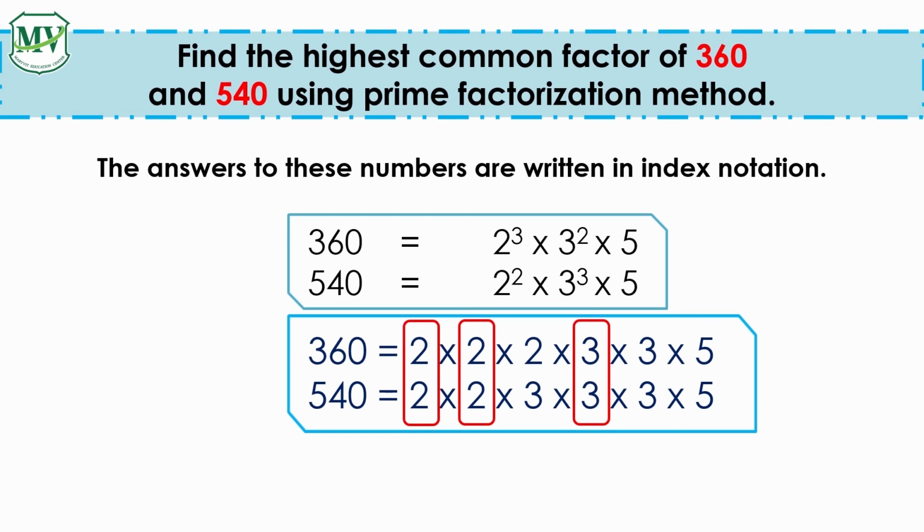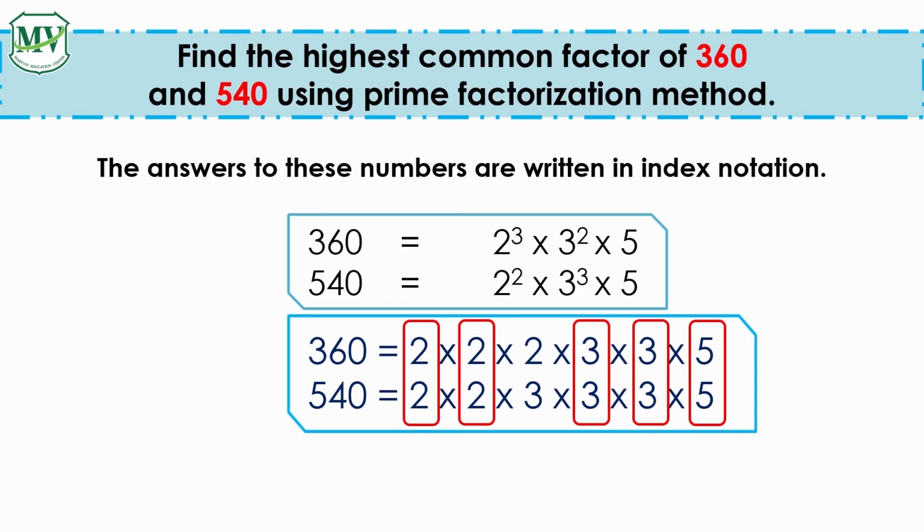Another factor 3 in 360 and another 3 in 540 will also be grouped together. Lastly, factor 5 in 360 and factor 5 in 540 will be grouped together.